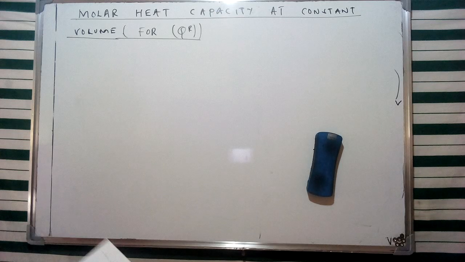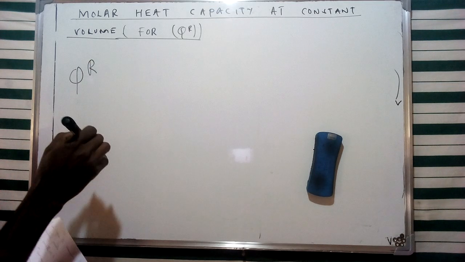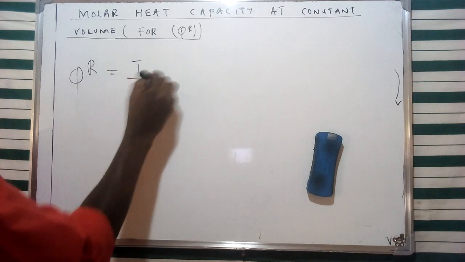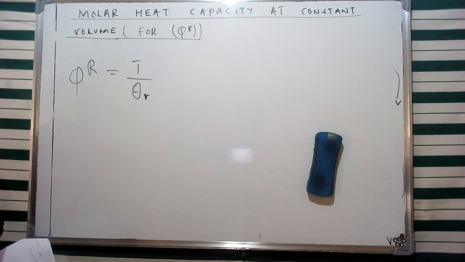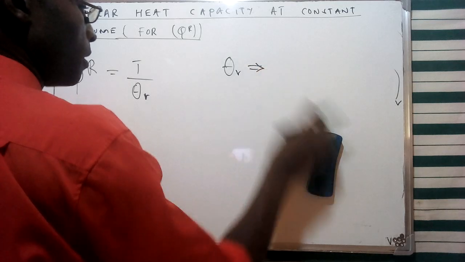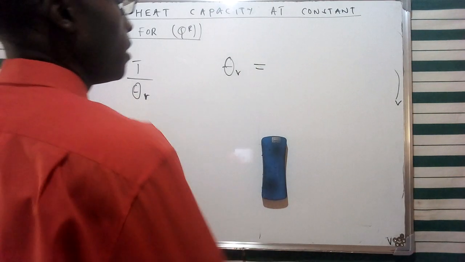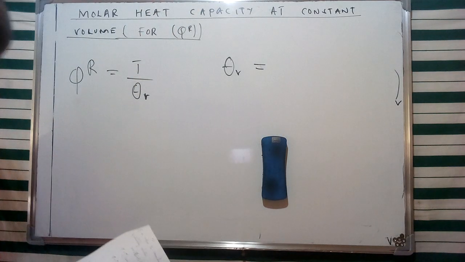Schrodinger's equation assisted us to solve this aspect of the rotational partition function, whereby we came up with an overall equation, q_R, represented as the temperature over the rotational temperature, theta_R. And theta_R, as we said, is an aspect of rotational temperature which is going to assist us in differentiating molecules which display quantum and classical behavior.